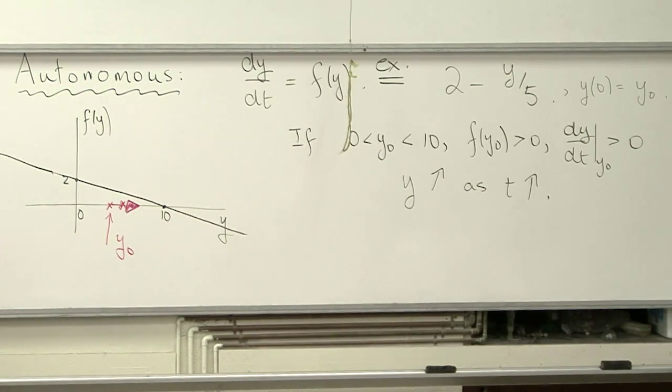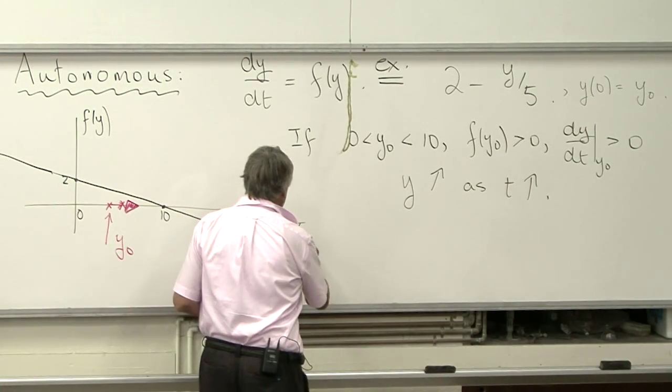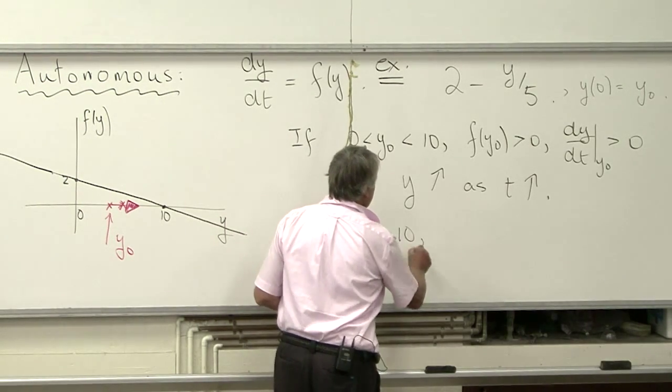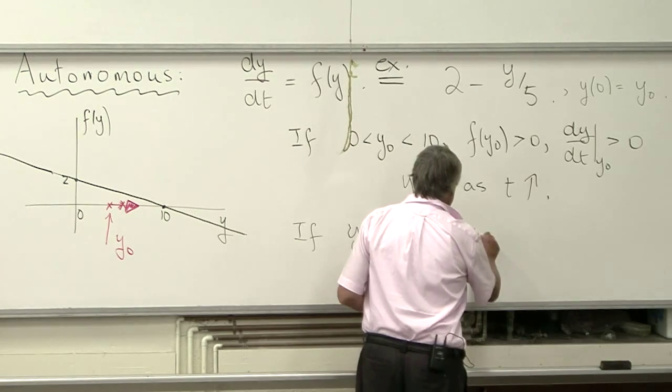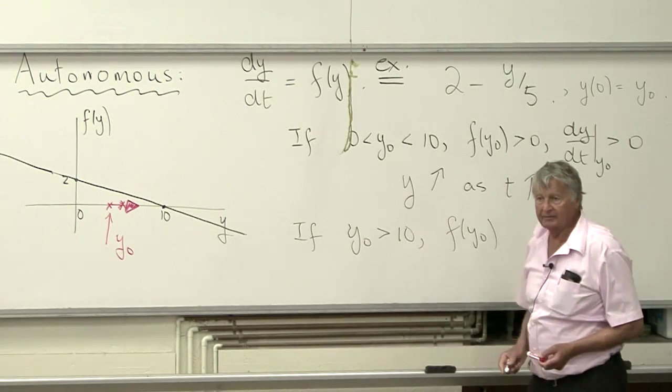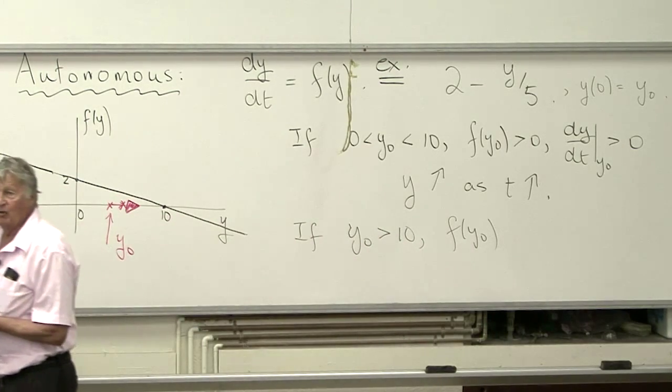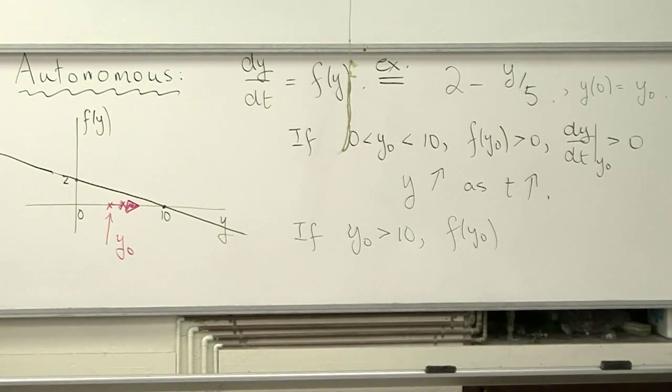Now, supposing you start to the right. y0 is greater than 10. What is the sign of the 2 minus y over 5 when y0 starts greater than 10? It's negative.